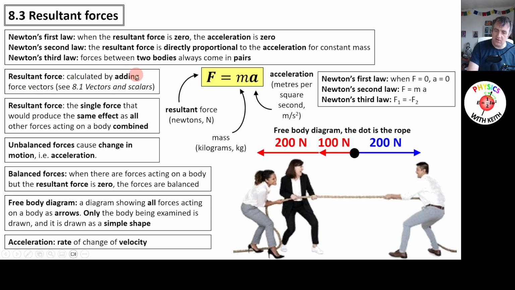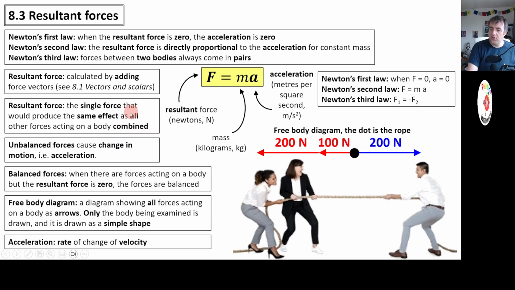But there's another way of describing it: if you considered removing all the forces acting on a body and then placing a single force that has the same effect, that is what we would say is the resultant force. The resultant force is this imaginary force that we can replace all the other forces with, and it has the same effect.